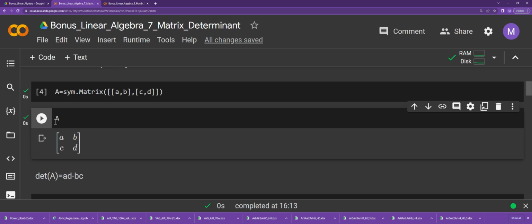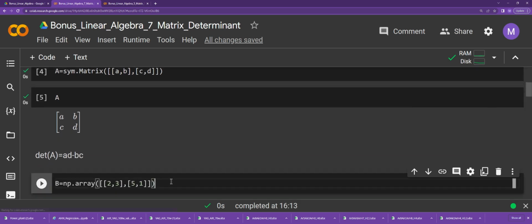So the determinant of matrix A, which is this, is going to be A multiplied by D, and then subtract from it B multiplied by C. Well, that's pretty simple. I know you might be like, okay, why would I need Python to calculate that? But of course, we will get to it.